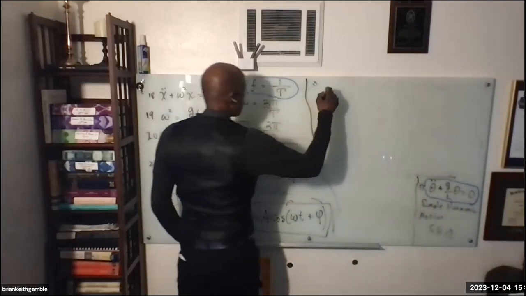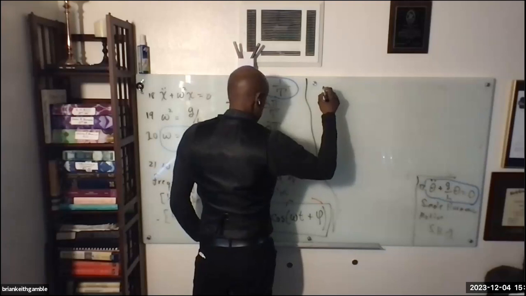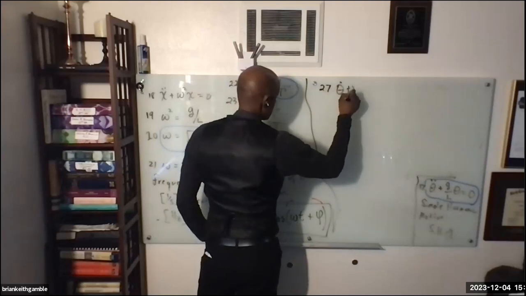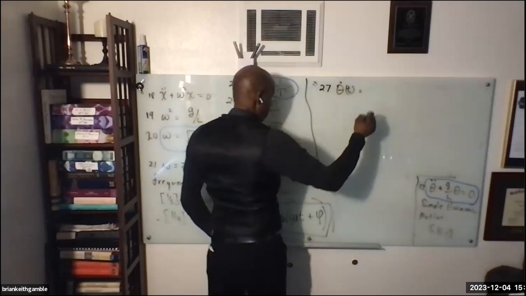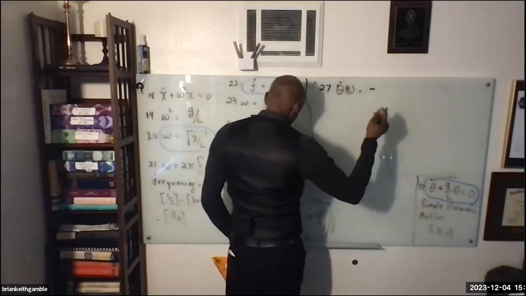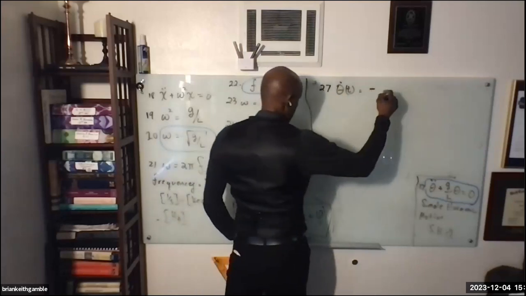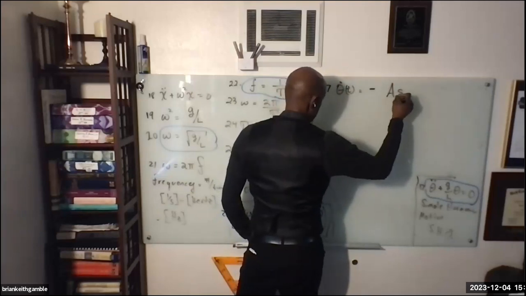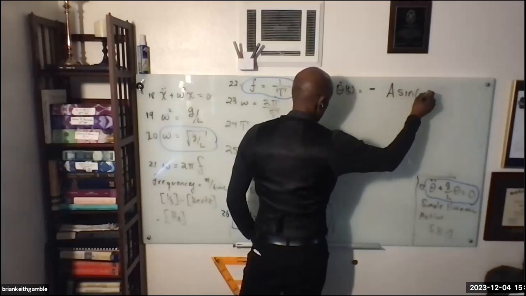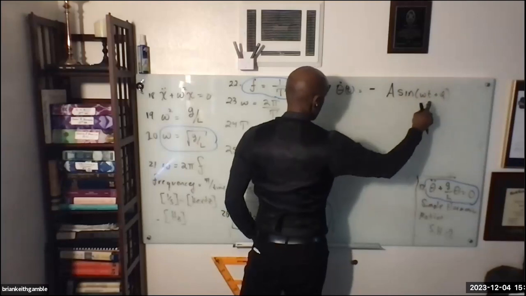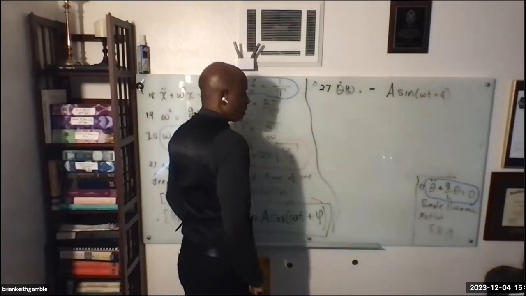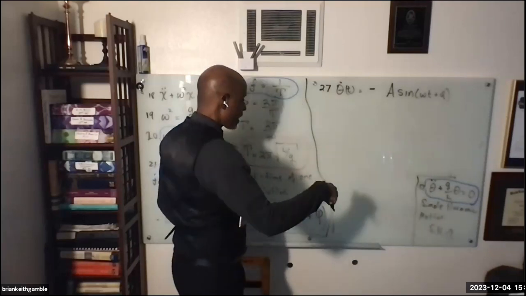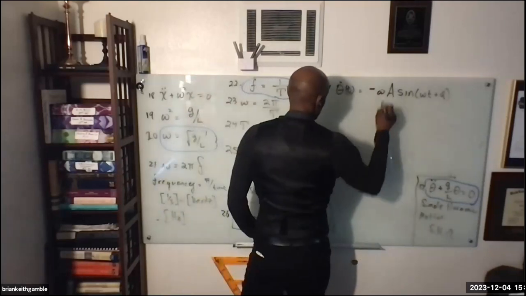So theta dot will be equal to, sorry, negative sine. So you have the A negative sine of omega t plus phi, and then you have to take the derivative of the inside. The derivative of omega t is omega, so that pops out and multiplies the thing.